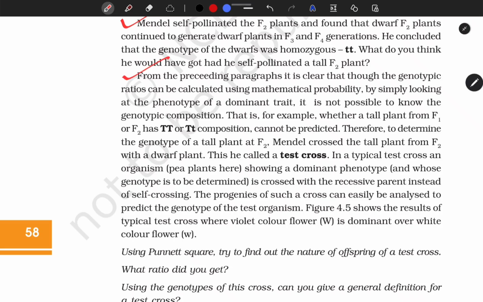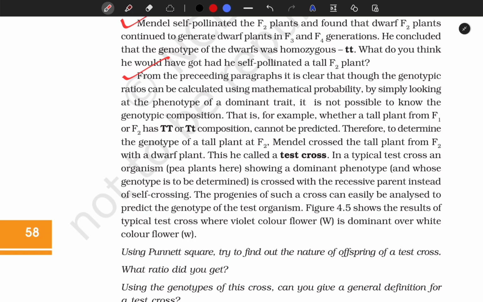From the preceding paragraph, it is clear that though the genotypic ratio can be calculated using mathematical probability, by simply looking at the phenotype of a dominant trait, it is not possible to know the genotypic composition. That is, for example, whether a tall plant from F1 or F2 has TT or Tt composition cannot be predicted.